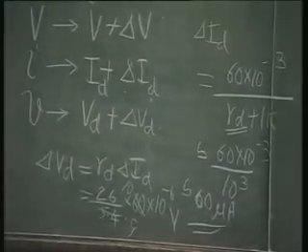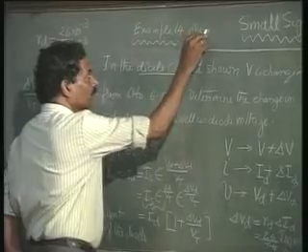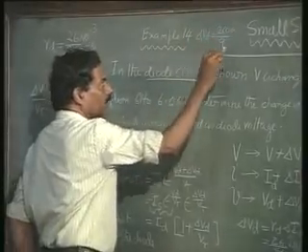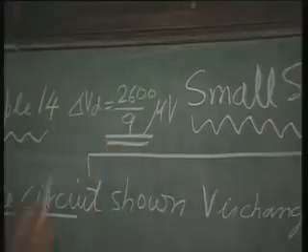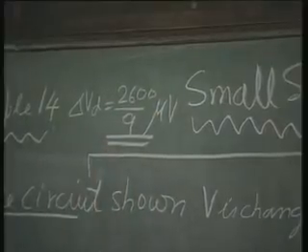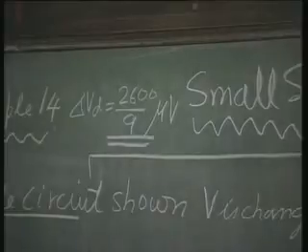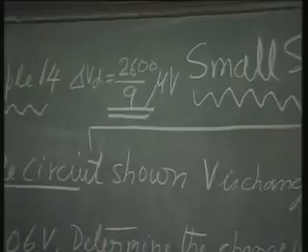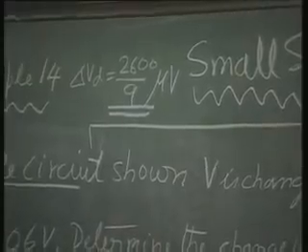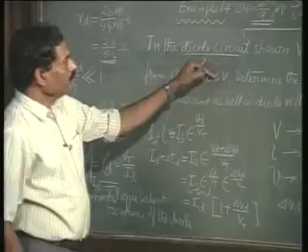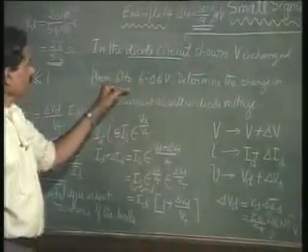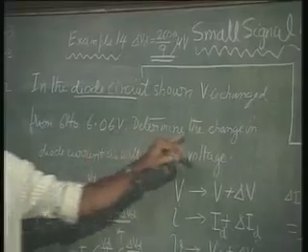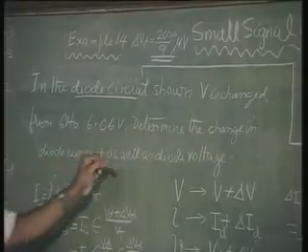So, the answer is delta V diode is 2600 by 9 microvolts, around 300 microvolts. That is the answer to the problem in the diode circuit shown when V is changed from 6 volts to 6 volts plus 60 millivolts: determine the change in diode current as well as diode voltage.